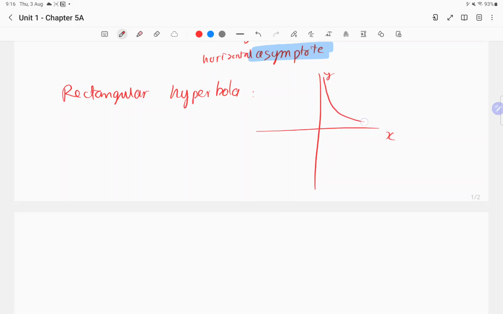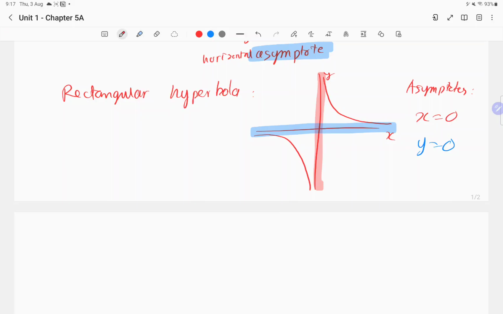So we have the shape of something that looks like that and then like that. And the asymptotes are x equals 0, which is the y-axis, and y equals 0, which is the x-axis.